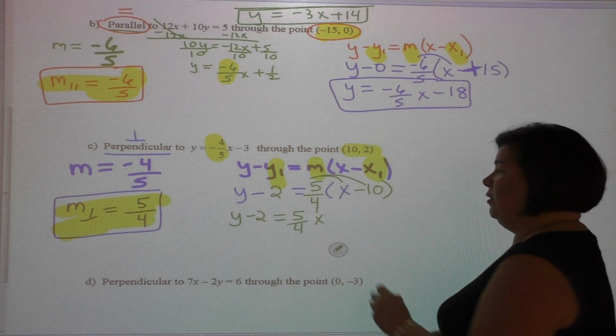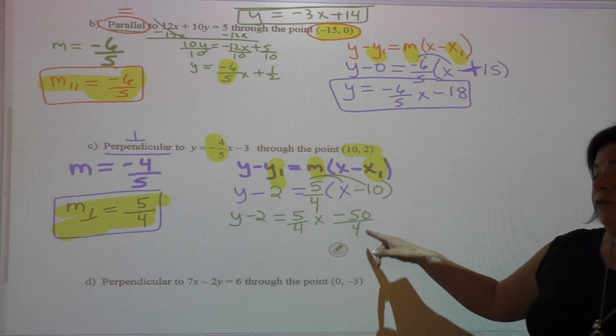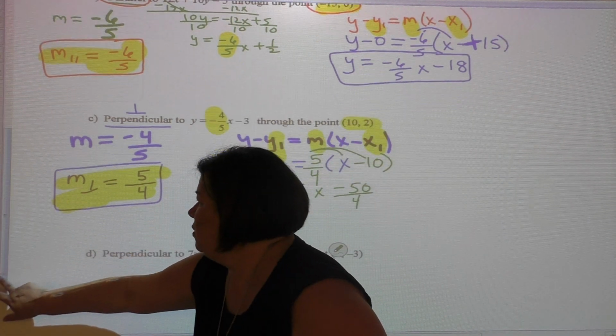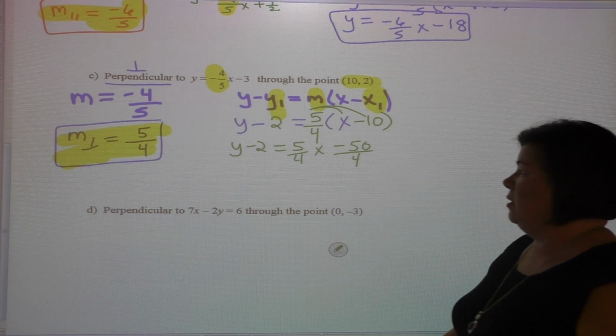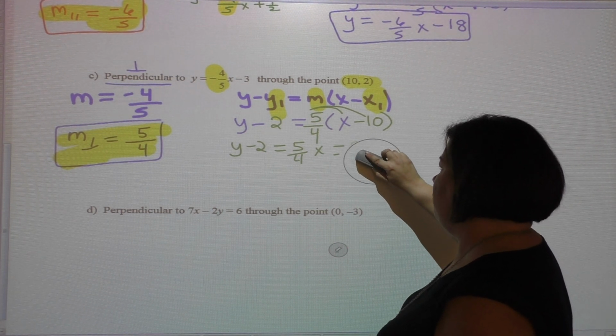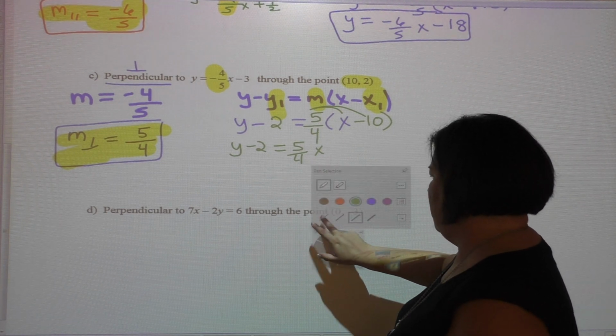Now 50/4, I could always reduce that. So -50/4 can reduce by a factor of 2 to -25/2. So I can change that right away to -25/2.